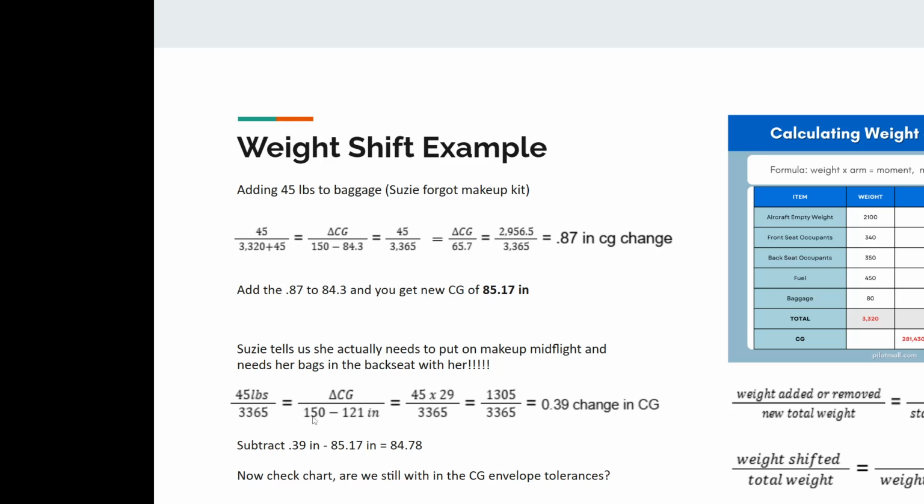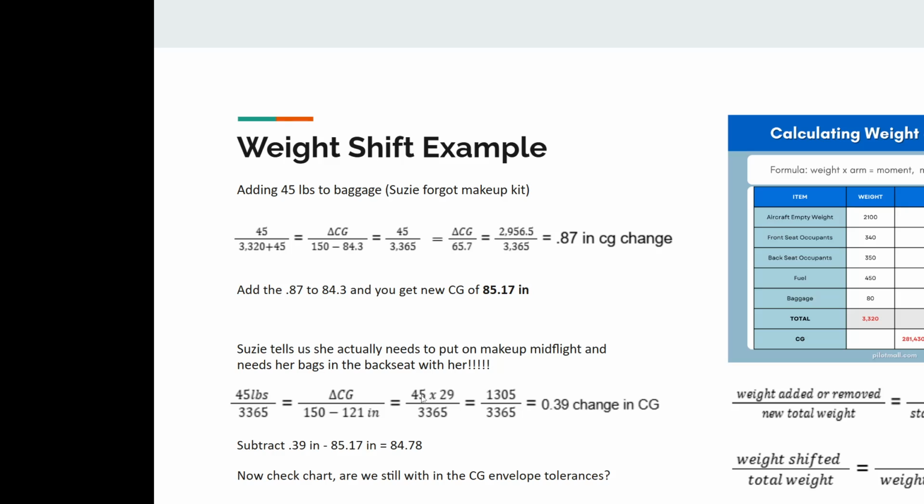And then on the other end, we're going from the baggage station, which has an arm of 150 inches, subtract that from the new station that we're moving it to, the back seat, of 121 inches. So if we subtract the two, that gives us a 29-inch difference.